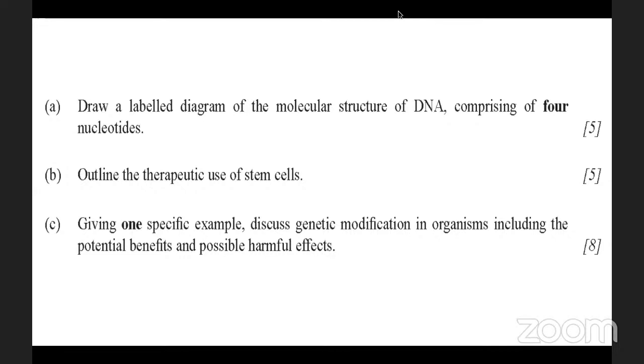C, giving one specific example, discuss genetic modification in organisms, including the potential benefits and possible harmful effects. So A dengan B dia bukan topik yang kita study, tapi tak apa, so kita revise dia balik. So untuk A, dia kata draw a labeled diagram of the molecular structure of DNA comprising of 4 nucleotides. So tengok margin dia.